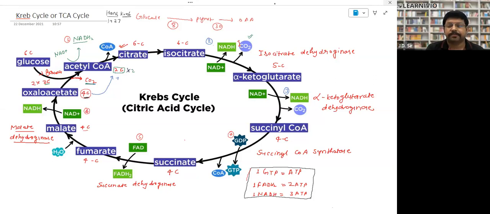It occurs inside the matrix of mitochondria.